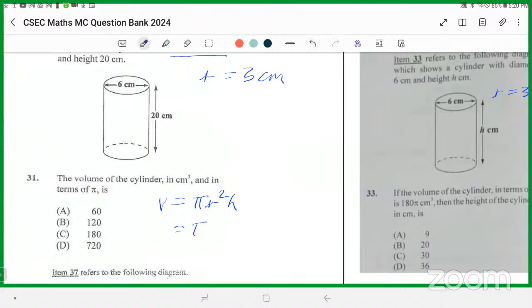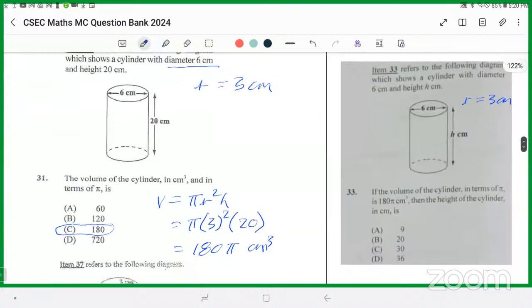It becomes pi times the radius, which is 3, so 3 squared, and the height is 20. So this here is 9 times 20, that's 180. So it becomes 180 pi centimeters cubed, in terms of pi.